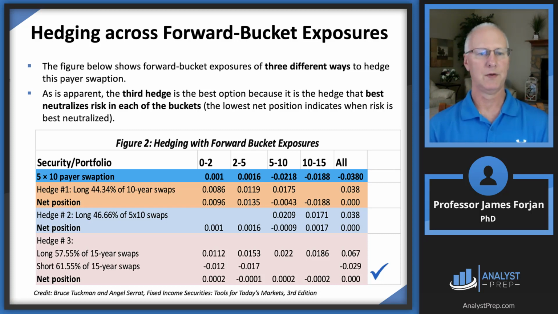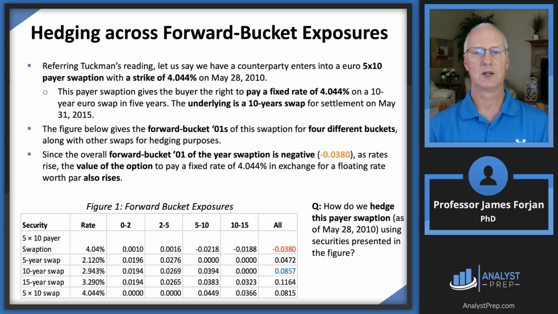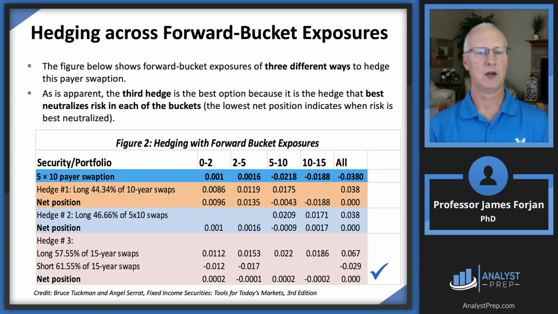Now, what are we going to do? Notice hedge 1. We're going to take the long position in a 10-year swap. So we're going to take 44.34% of the 10-year swaps. Let's go back to the previous slide. That's why I have in red, and notice I have the 10-year swap in blue. If you look at the total exposure for our swaption, 038, and divide that by the 10-year total exposure of 0857, you get that 44.34%.